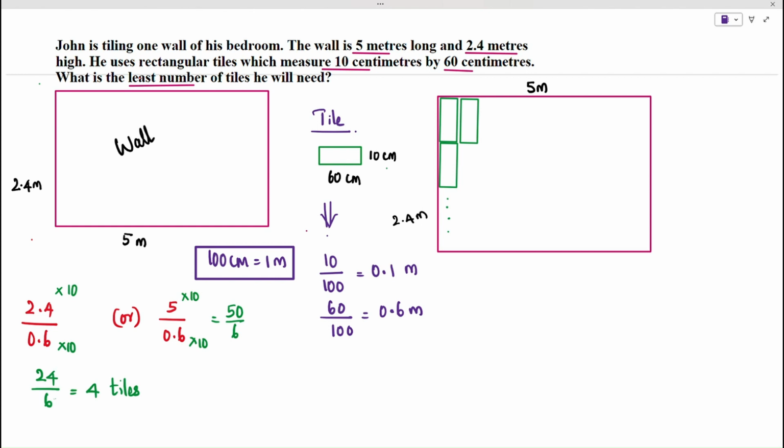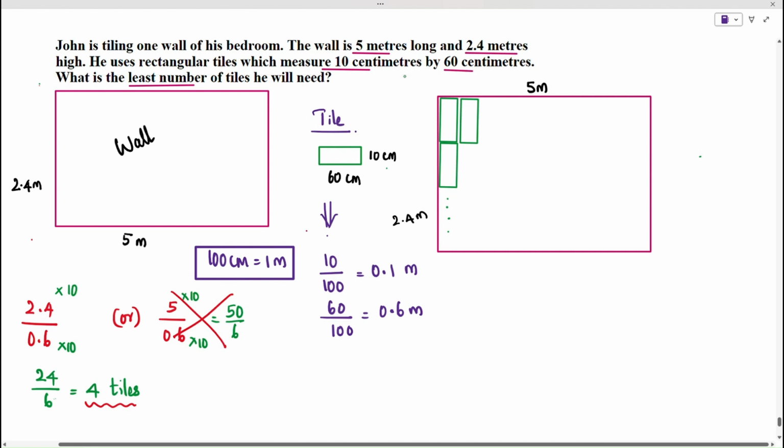You get 8.3 recurring, but we don't want to deal with these decimal values when we have an integer value of 4 tiles. So we are not going to do 5 over 0.6. We're going to stick with our 2.4 over 0.6, as this gives us a nice easy integer value which we can manipulate.